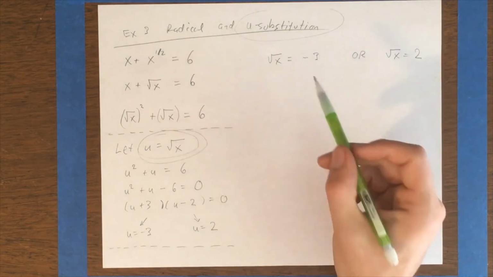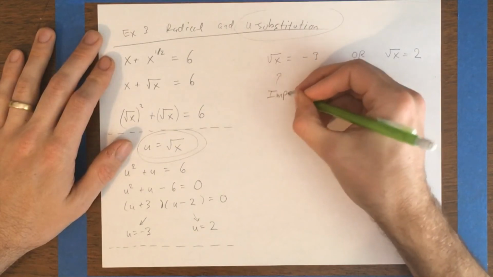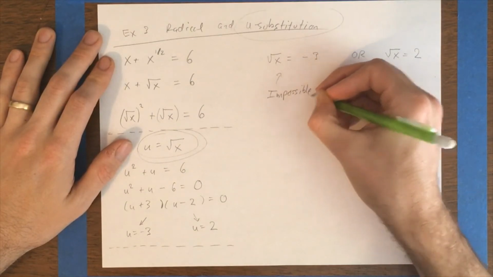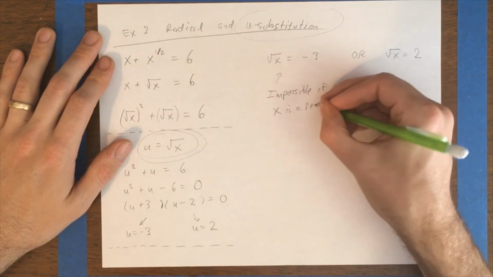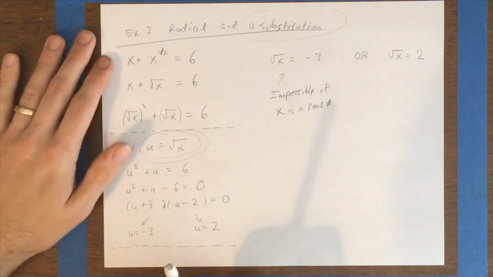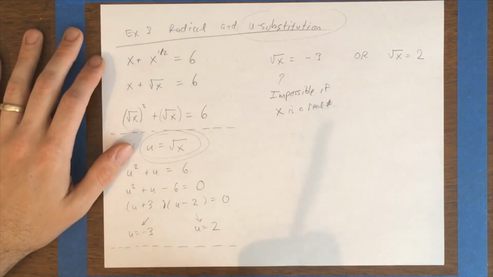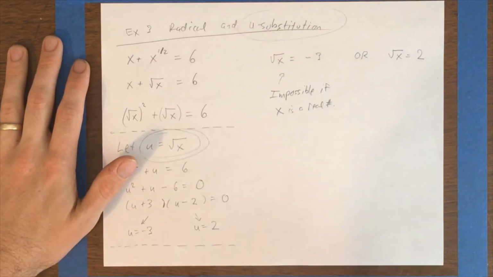Okay. So now let's look at each of those possibilities one at a time. First of all, the square root of x equals -3. This is impossible if x is a real number, right? The square root of a real number can't be a negative number. Remember that the radical symbol always denotes the positive square root.